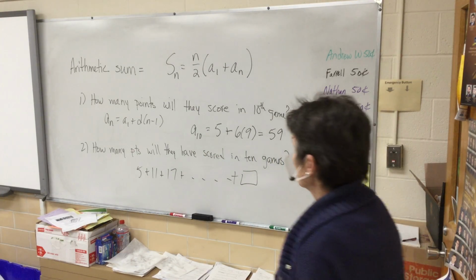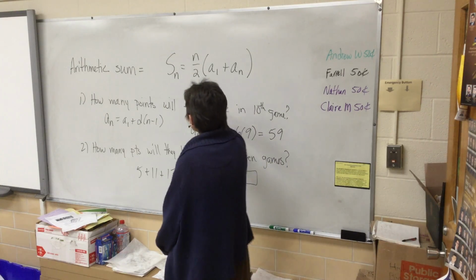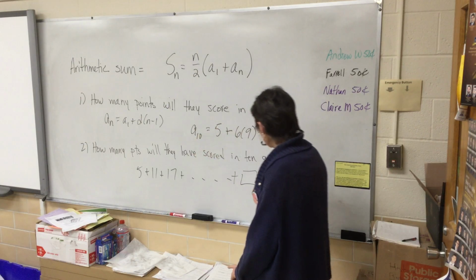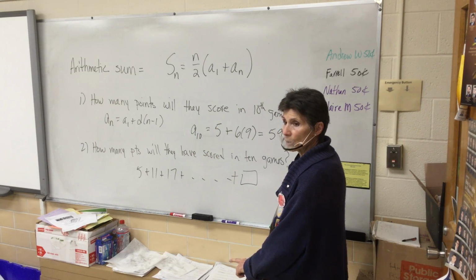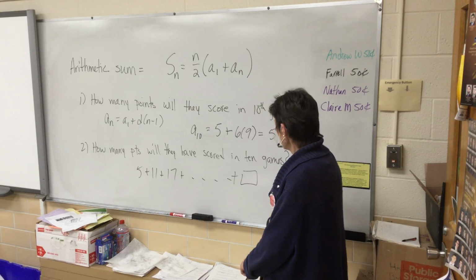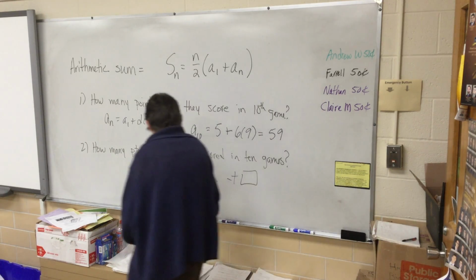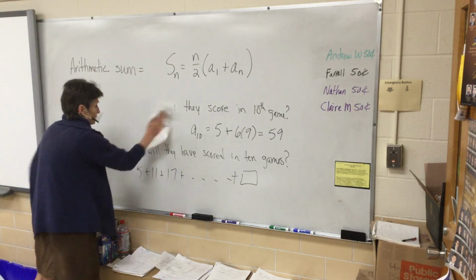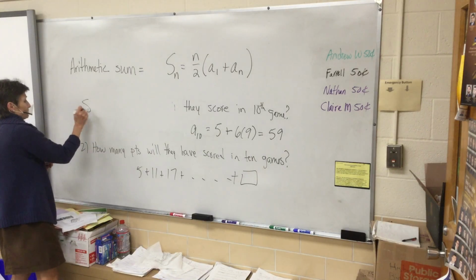Okay, now, N stands for the same thing it stood for before. So if I am summing up 10 scores, then N is 10. So I would have S sub 10.